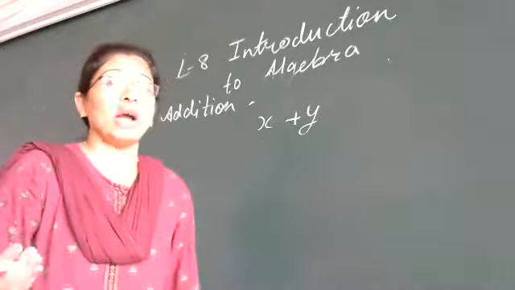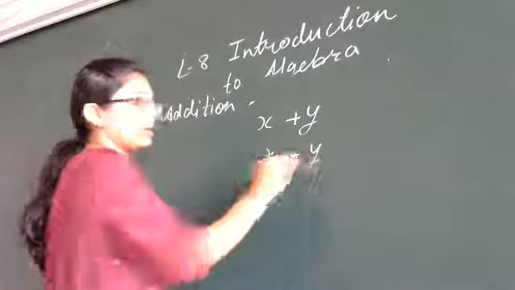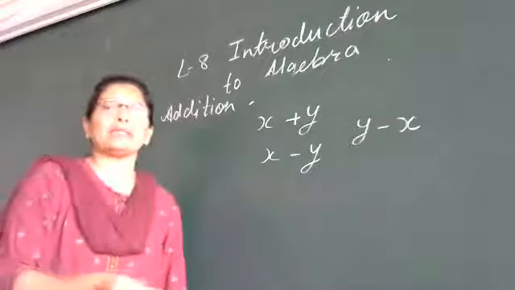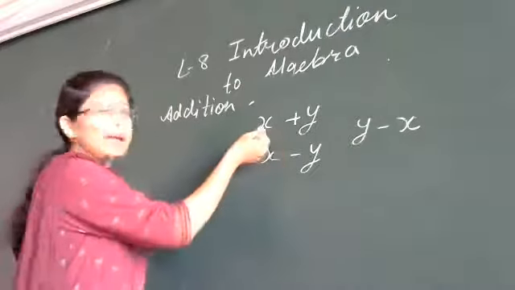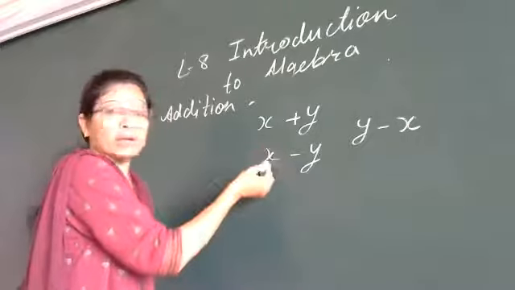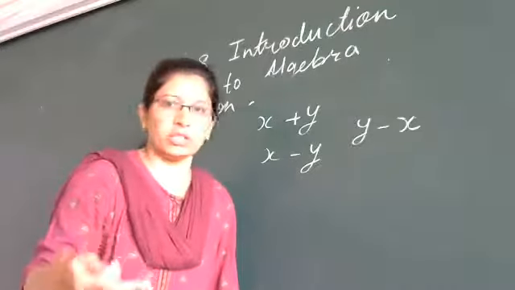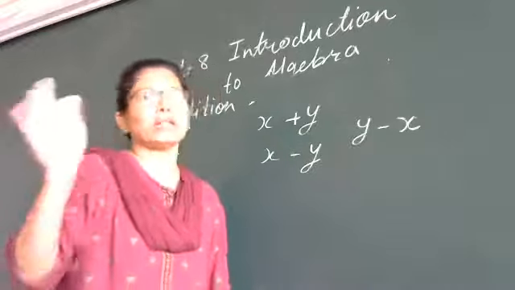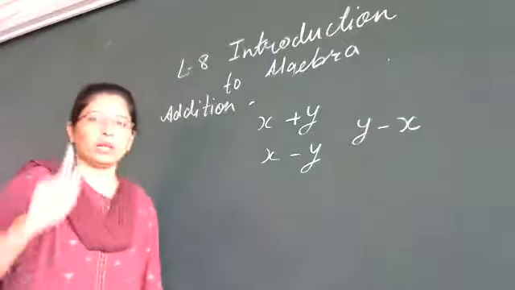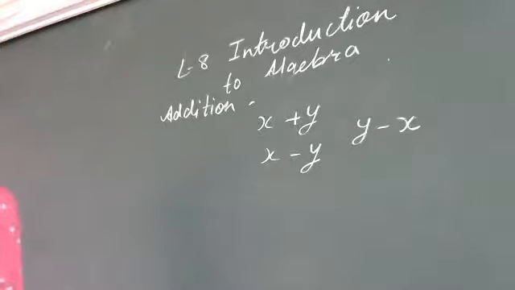If difference is there, then how will you write? x minus y, or we can write y minus x also. Here x can be greater or x can be smaller also, but here x should be greater, otherwise you will get the answer in integers, which you will learn later. So x minus y or y minus x for subtraction.